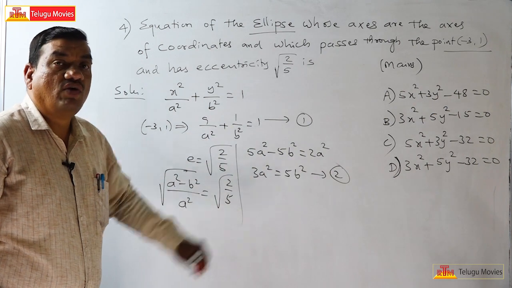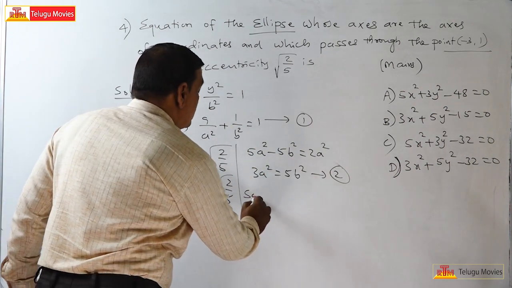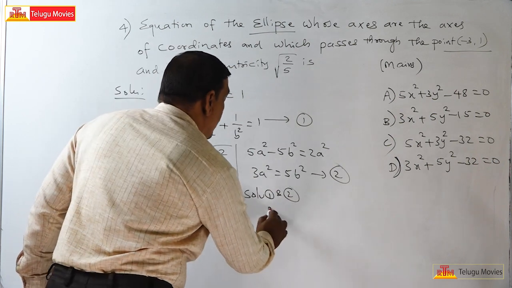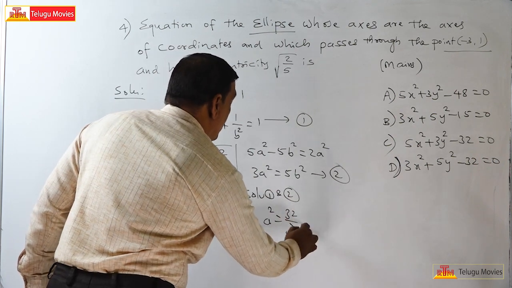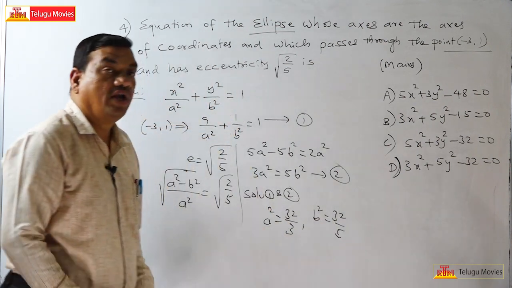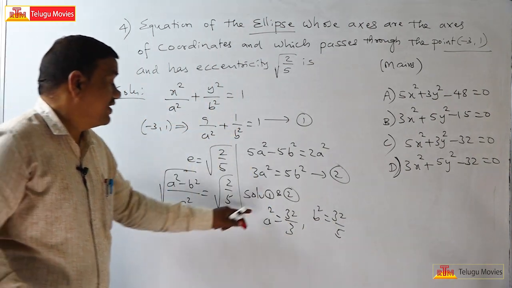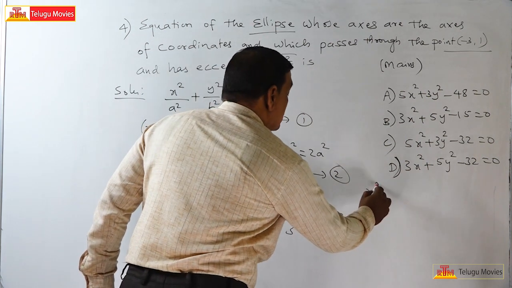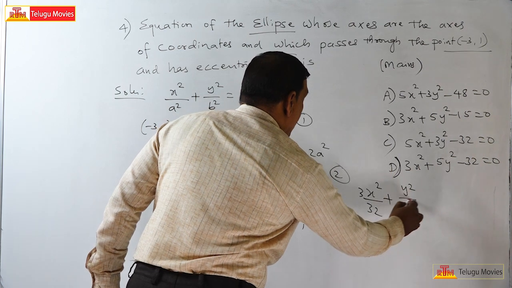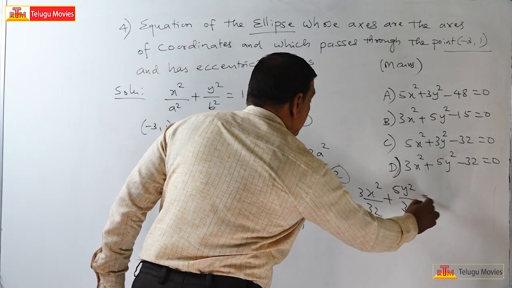Now, solving 1 and 2, we will get a square is equal to 32 by 3, b square is equal to 32 by 5. Okay, now. Then the equation of the required ellipse is x square by 32 by 3 plus y square by 32 by 5 is equal to 1.